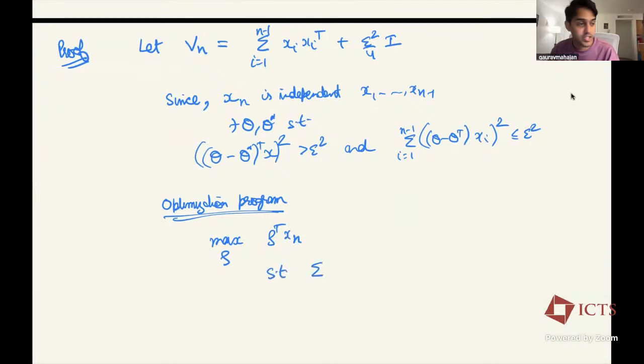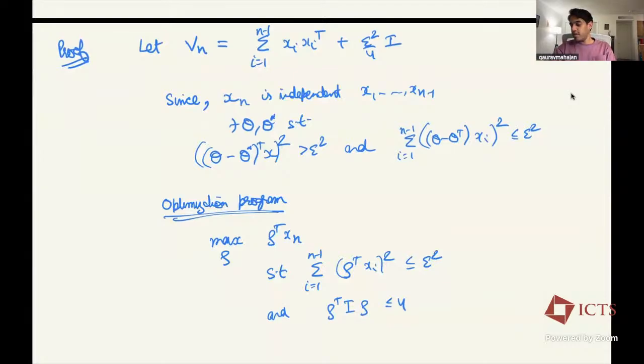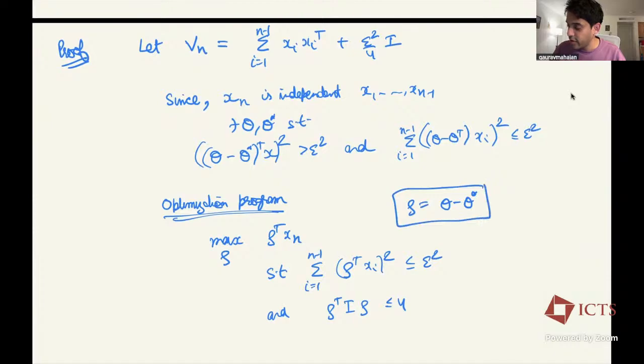Such that the norm of rho is less than 4. I'm writing it weirdly, but that's the norm squared. And our theta minus theta star, they're norm 1 vectors. They are a solution. So rho equal to theta minus theta star is a solution to this constraint problem.